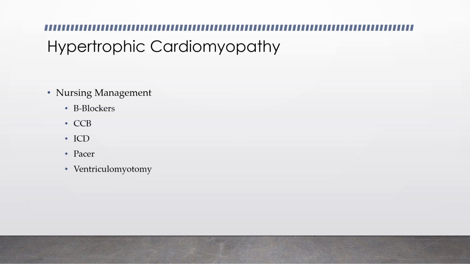Some nursing considerations or interventions that we need to be aware of is we really need to make sure that patients avoid strenuous activity because they simply cannot tolerate it, and they avoid dehydration because they already have a low preload, a low amount of blood that's in that ventricle, right?